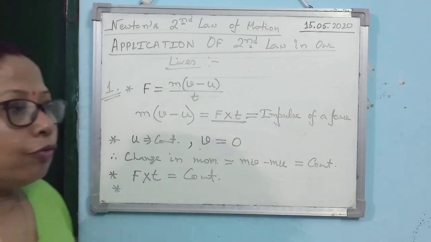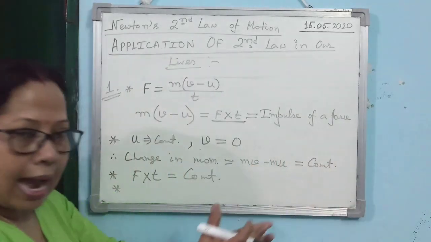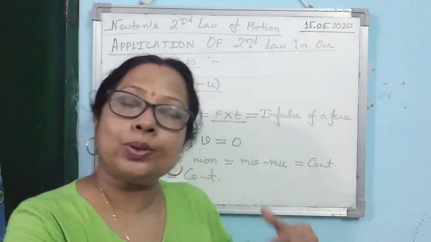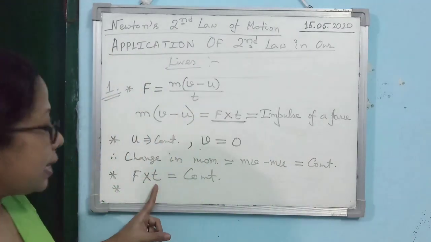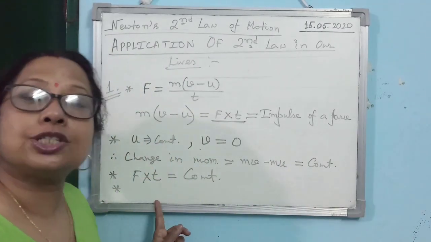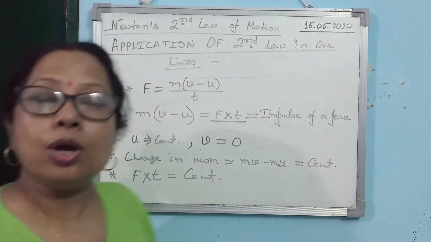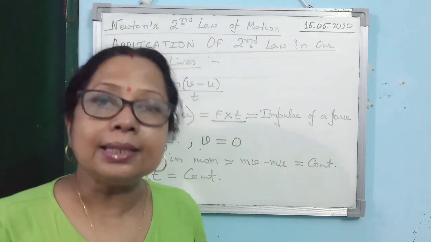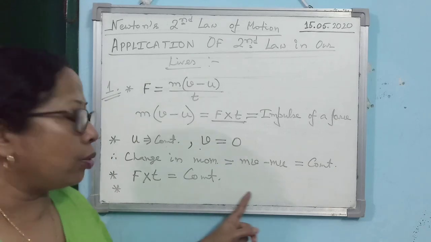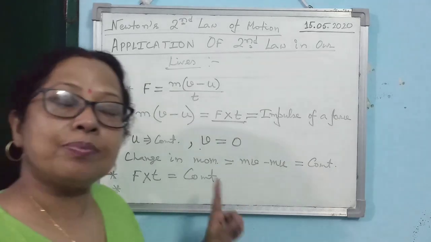When the cricketer is lowering the hand, what is the cricketer actually doing? The cricketer is increasing the time of interaction t. You must write it down. I am not writing, I am just dictating.